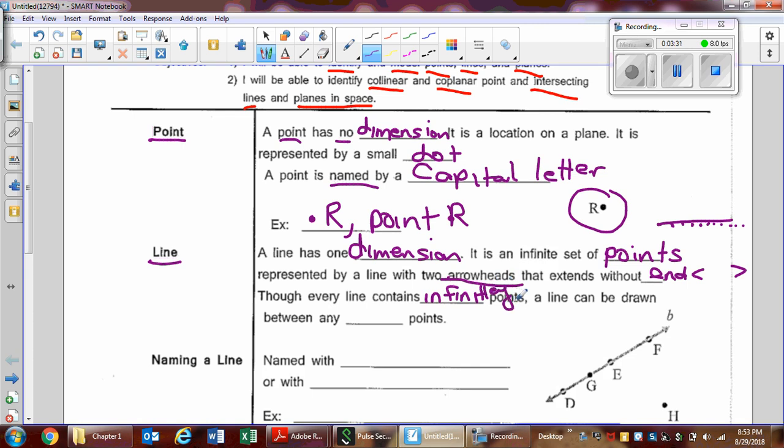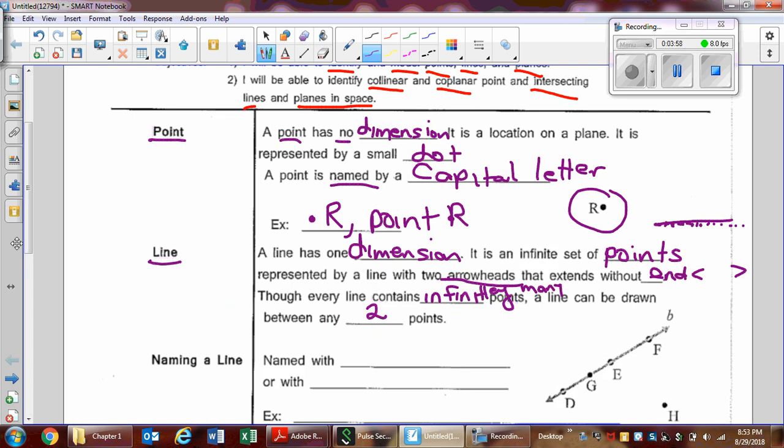I guess I should add many here. A line can be drawn between any 2 points. Okay, so even if a line contains infinitely many points, as I just showed you here, when we're defining a line, we will say, oh, between any 2 points, I can have a line.